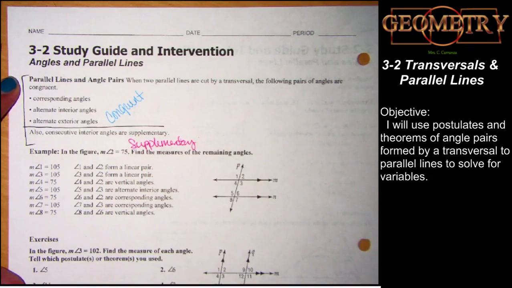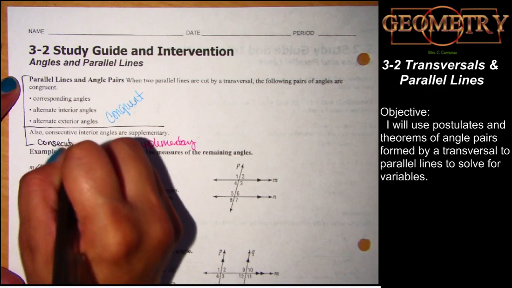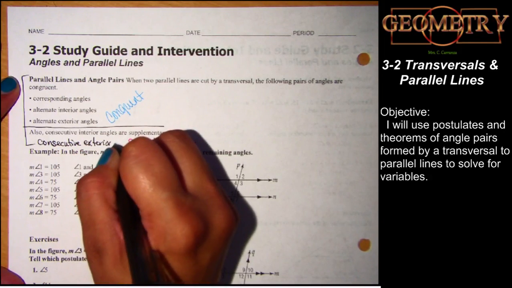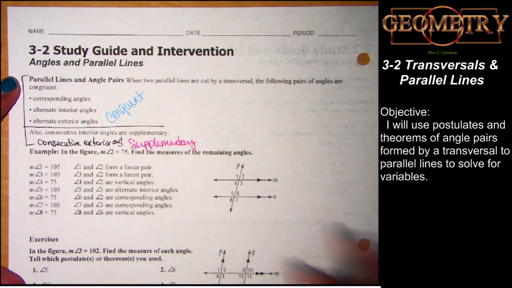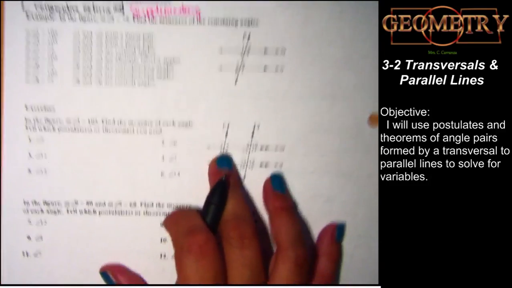They forgot to put one of the pairs, so go ahead and add it in now. That's the consecutive exterior that got lost. I didn't finish writing the word angles there. Let's use these bullet points and our notes to do exercises 1 through 6.